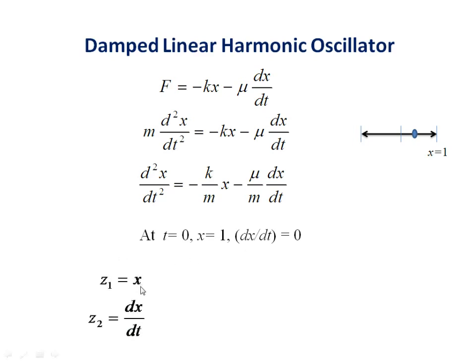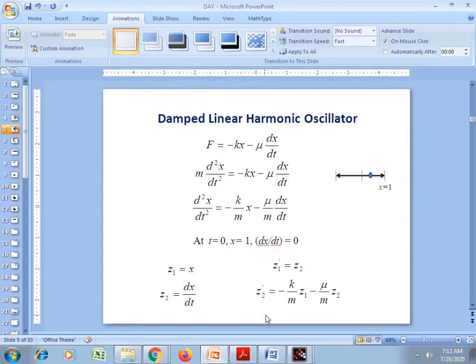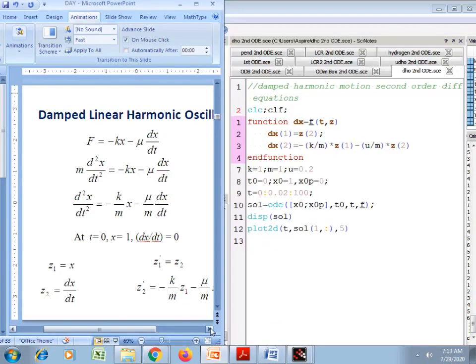If I put the symbols z1 and z2 for x and dx by dt, I will get these two linear differential equations of first order. So now I will write the code and try to get the result.